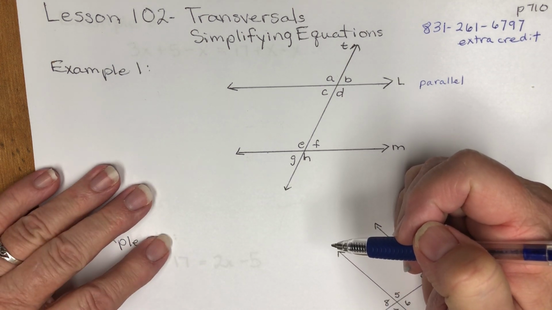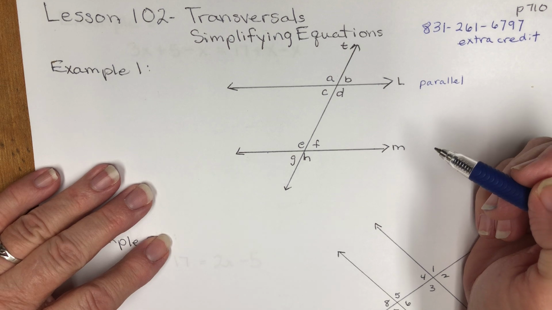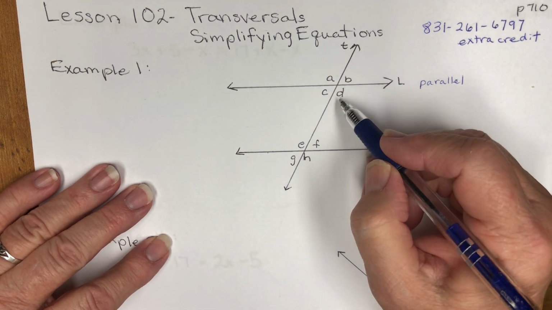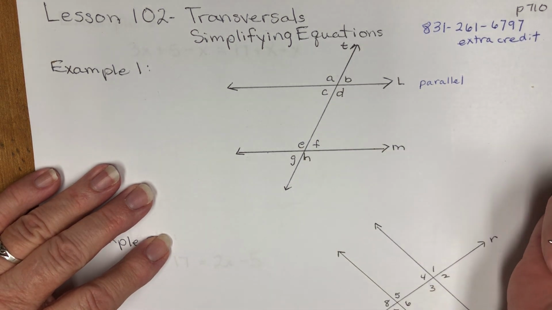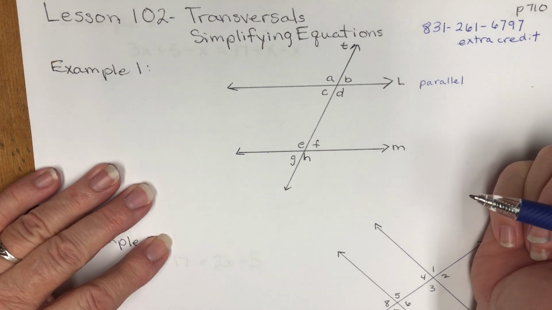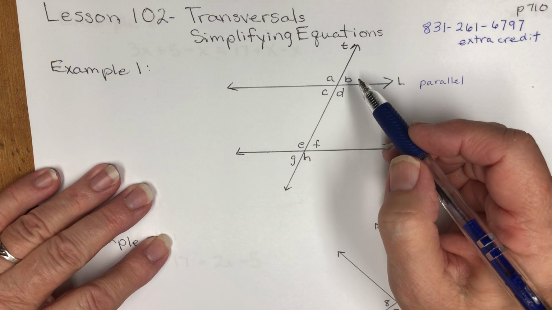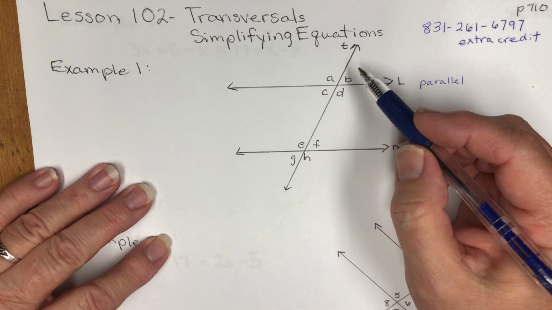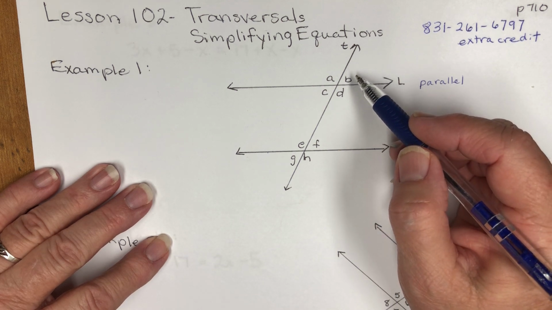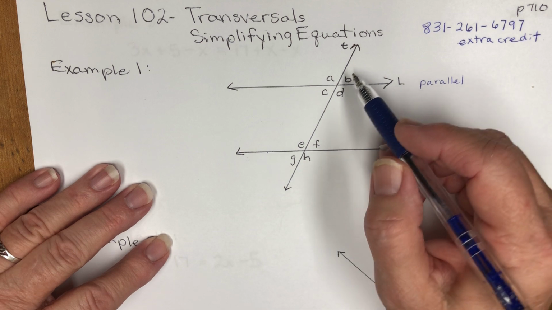You're going to notice that there are 8 angles formed: 1, 2, 3, 4, 5, 6, 7, 8. You can also notice, because these lines are parallel, the angles have special relationships.